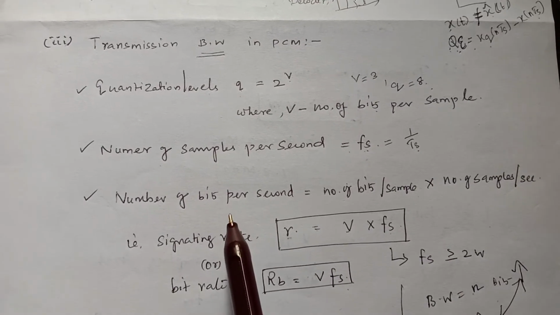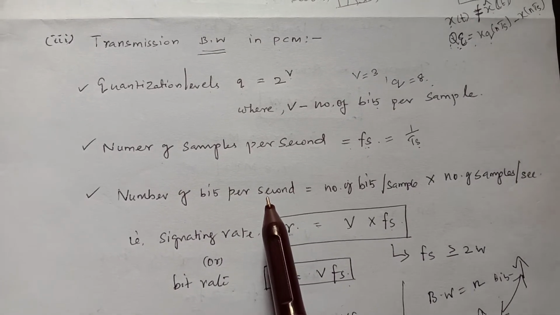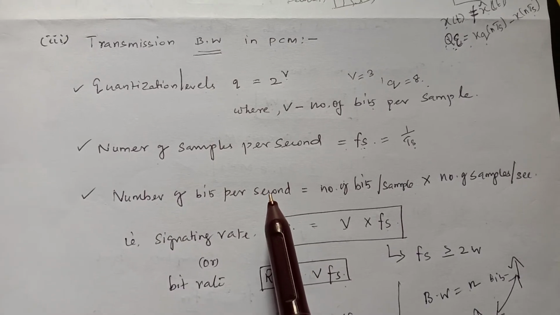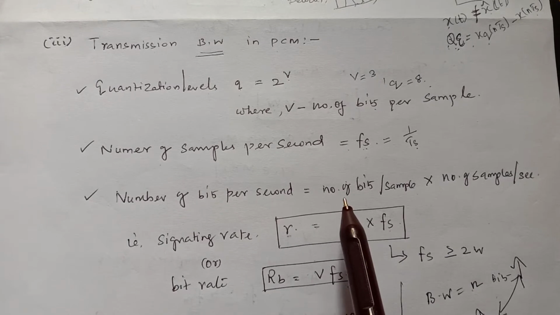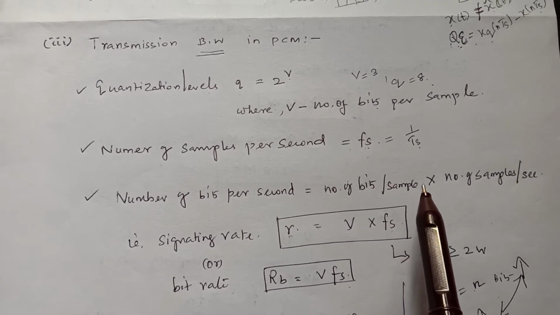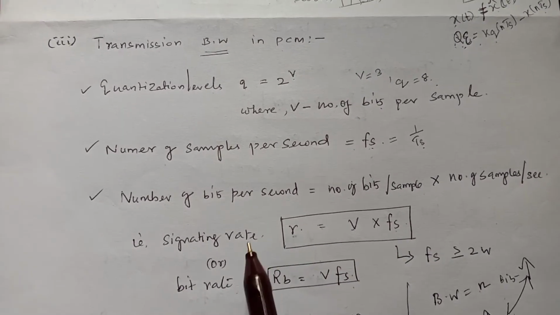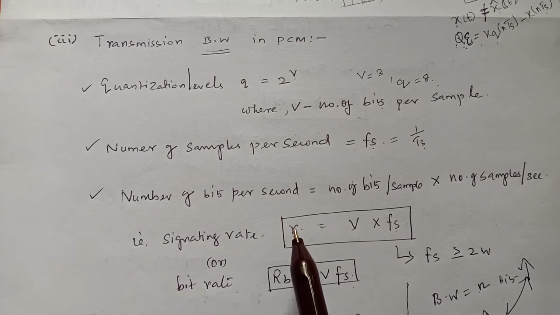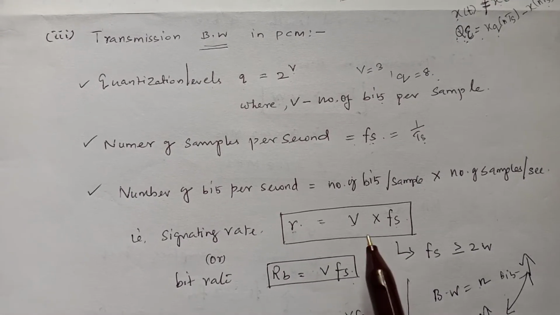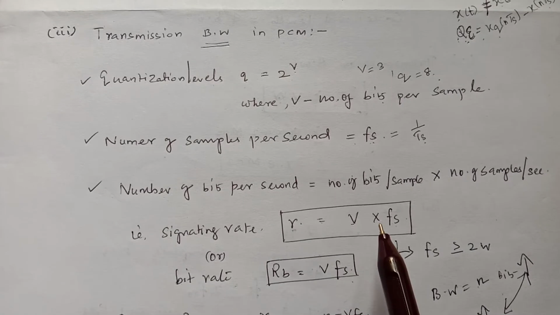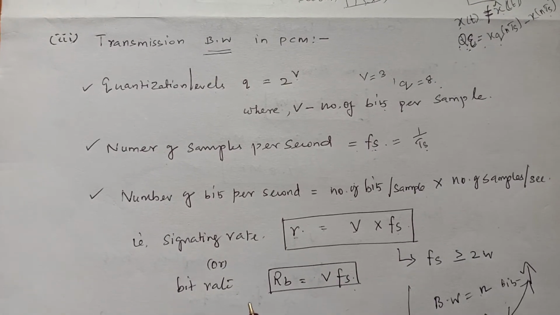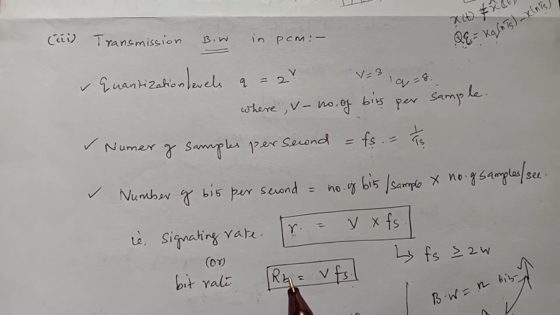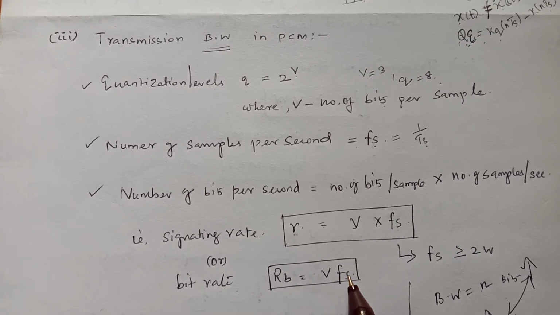Therefore, the number of bits per second, how many bits we transmit in a channel per second, is equal to the number of bits per sample times the number of samples per second. That is your signaling rate. It is denoted as R is equal to the number of bits v into the sampling frequency fs, also denoted as bit rate, that is rb is equal to v into fs.